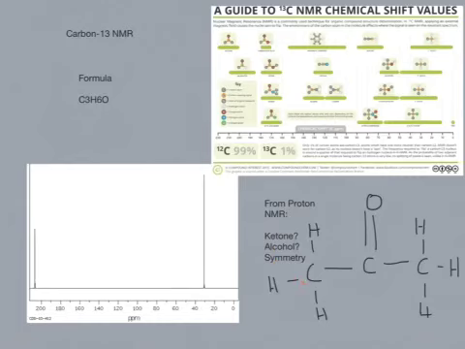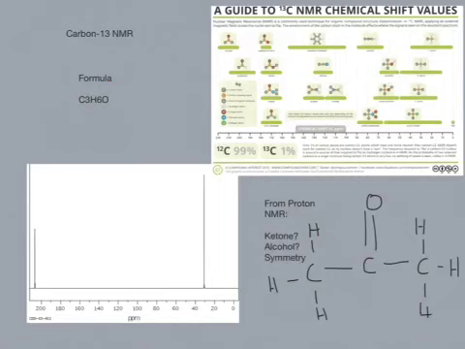So now, just to recap, we know that we have all of our atoms filled: 1, 2, 3, 4, 5, 6 hydrogens, just as in our formula, 1, 2, 3 carbons, as in our formula, 1 oxygen, as in our formula.